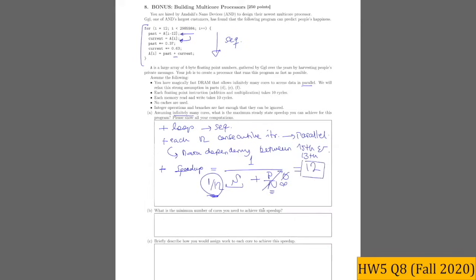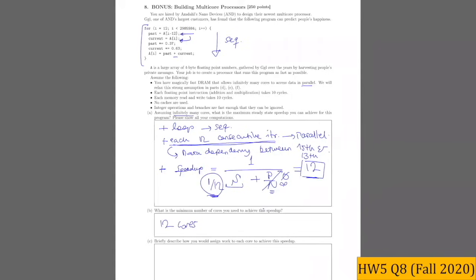For the second part, what is the minimum number of cores you need to achieve this speed up? Since the maximum speed up here is 12, and each 12 consecutive iterations can be executed in parallel and not more, we need 12 cores and not infinitely many. Now, briefly describe how we would assign work to each core.